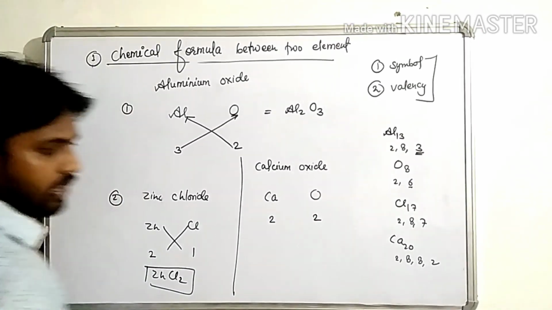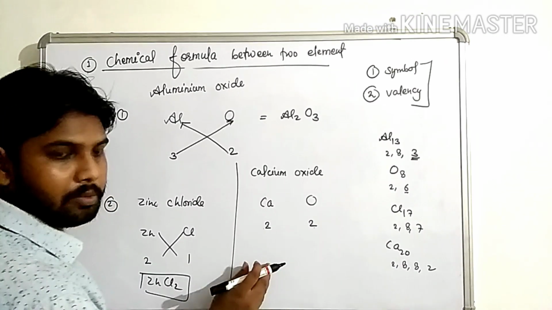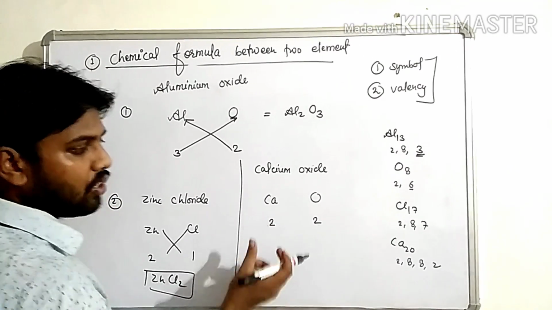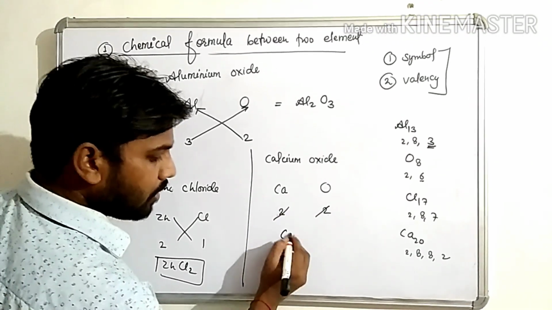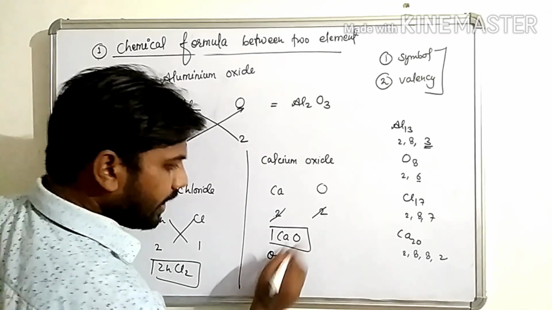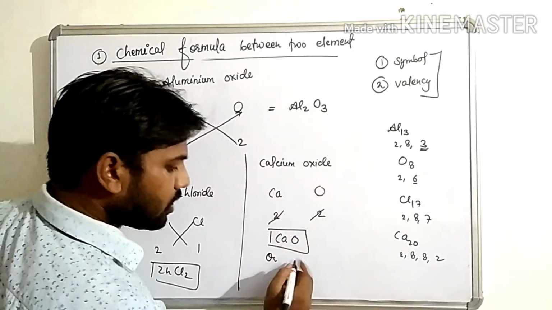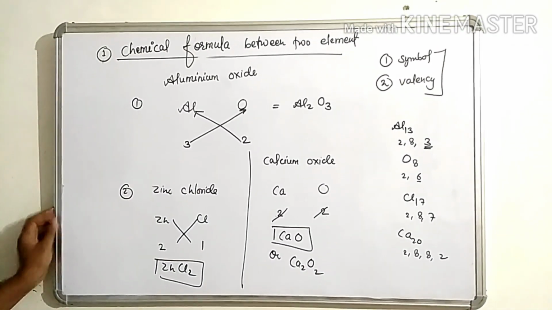Children, if there is similar valency of the elements, it will cancel and the formula will be CaO. Or you can also write 2 here, 2 here, Ca2O2. Both are correct, children.